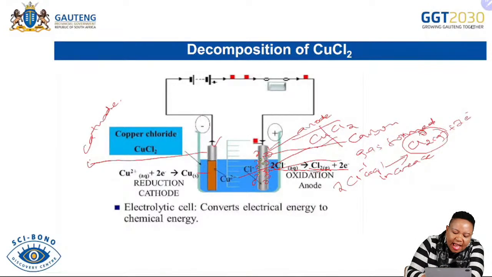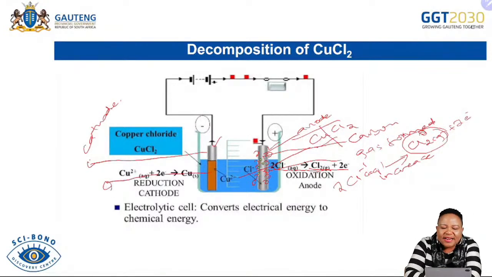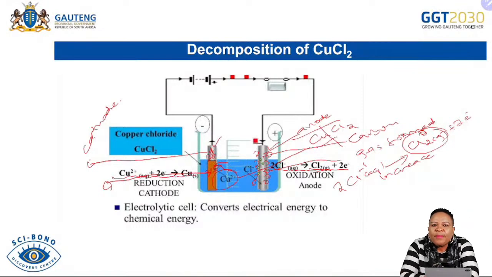At the side where there will be reduction, the copper 2 plus ions inside the solution will gain electrons. Remember, electrons are coming from the anode side. After gaining electrons, they will form copper. And what is going to happen physically?